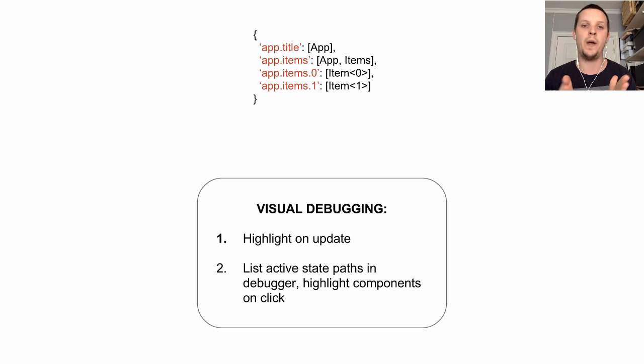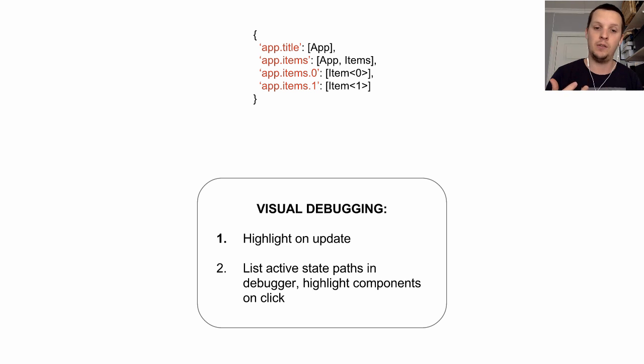So for example, when there is a state change in the application, the container is the one actually telling each component to update. And by doing that, it can also make sure that there's some highlighting going on. So you can see a border or an overlay or whatever that will indicate visually that there has been a render on the specific component.